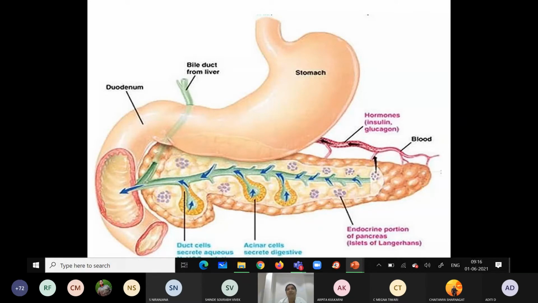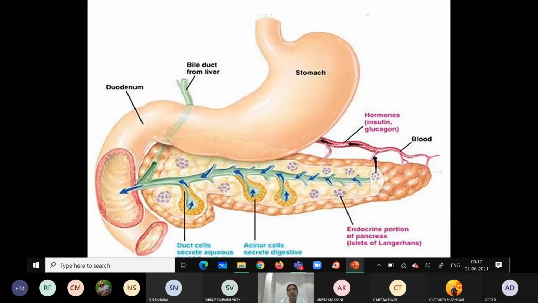The pancreatic juice is overall a combination of both enzyme and aqueous, but the secretion part is different. The cells that secrete the aqueous part of pancreatic juice are the columnar epithelial cells that line the ductal portion of the gland, whereas the acinar cells, which are present mostly at the apical part of the acini of the pancreas, secrete the enzymes.